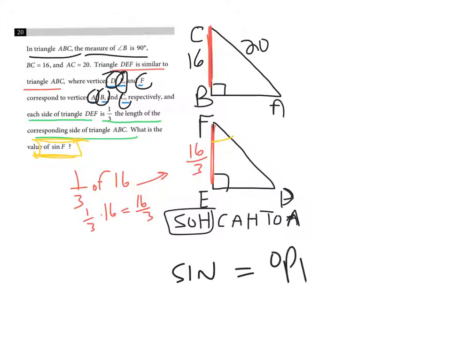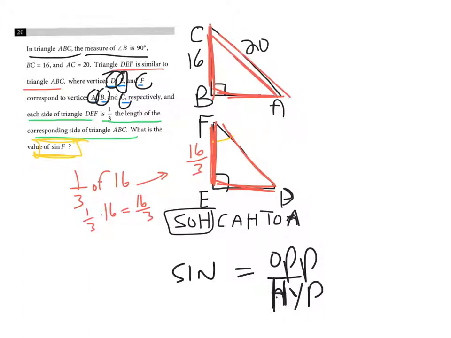Now, these two triangles, they tell you, are similar in that each side of the bottom triangle is 1/3 the side of the top triangle. So in order to find the sine of angle F, I would have to find the side opposite F, so that would be side ED, and divide that by the hypotenuse, in this case FD.